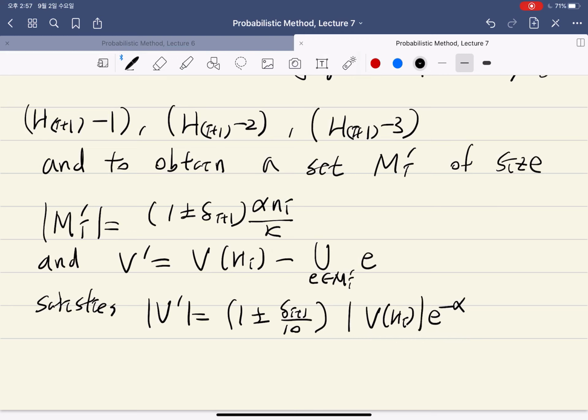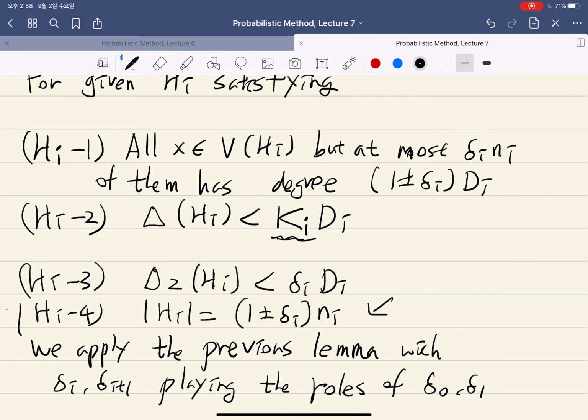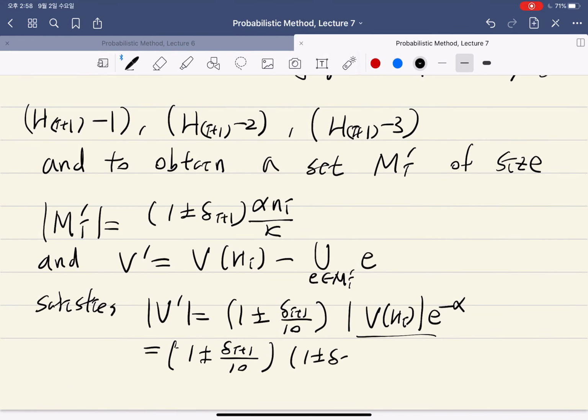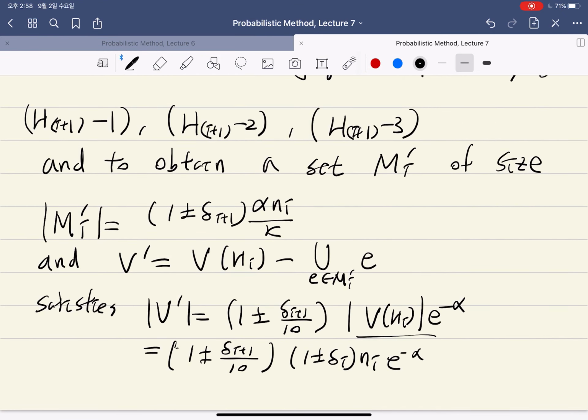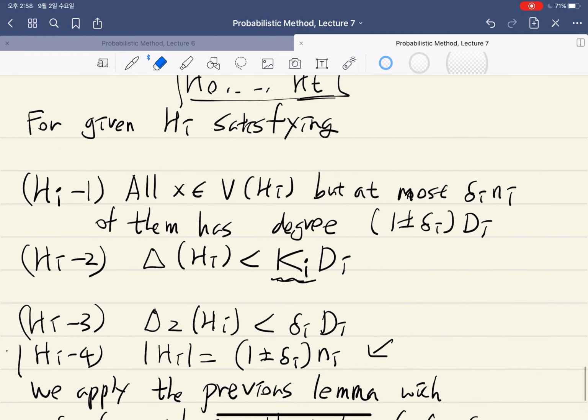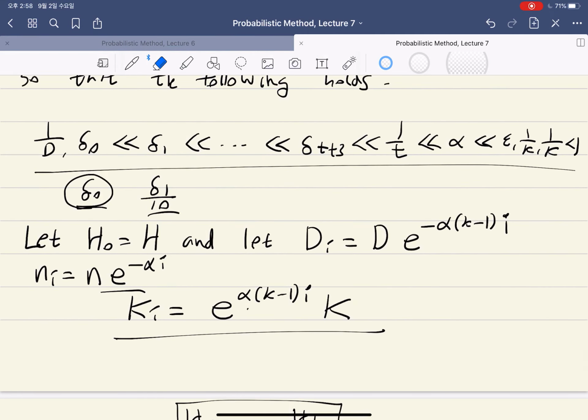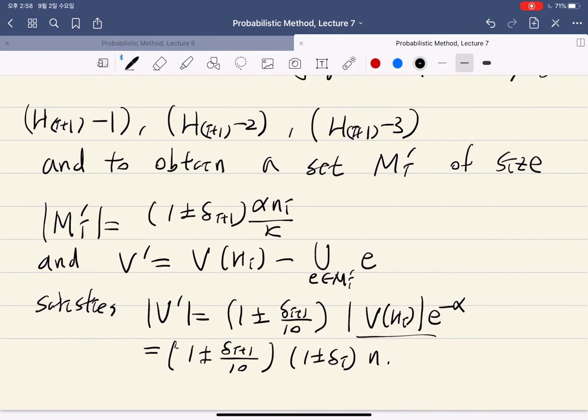So if you apply the lemma, then the second to last condition implies this. And what's this number? This number is 1 plus minus delta i plus 1 over 10 times, what's this? This comes from here, it's 1 plus minus delta i, Ni, times e to the minus alpha. And once you multiply e to the minus alpha, this Ni becomes Ni plus 1.